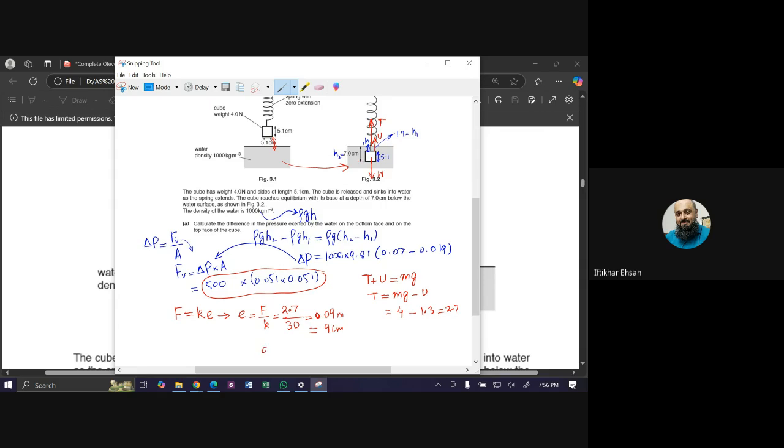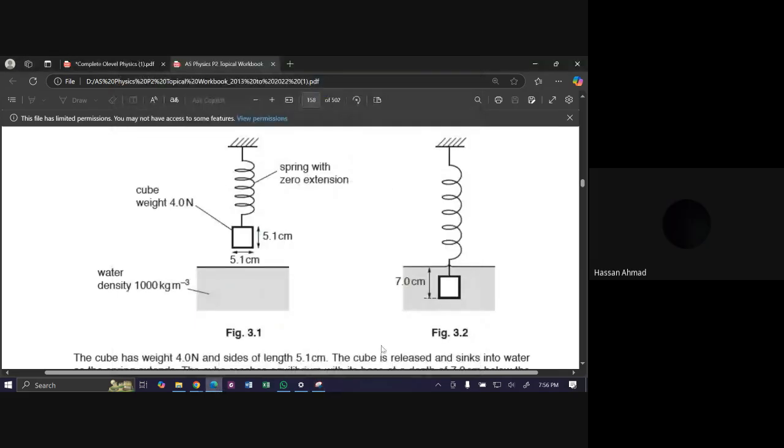So the height of the object before releasing will be subtracting that 7 centimeters, and that is 2 in centimeters. Do you understand that, beta? Yes, sir. This is the good part.